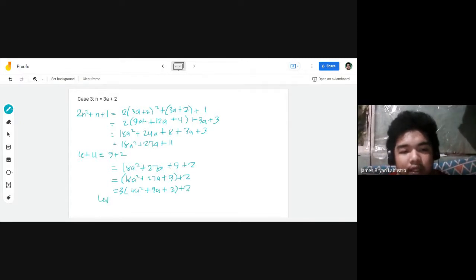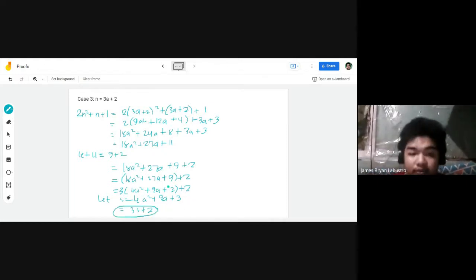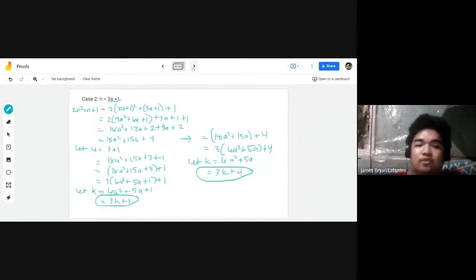Then we have to let any letter. So s is equal to 6a squared plus 9a plus 3. So we have 3s plus 2. So therefore, it is not divisible by 3. So, sa tatlong ito, there is no divisible by 3.